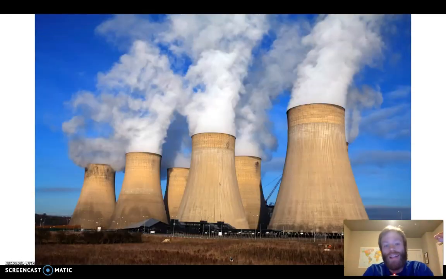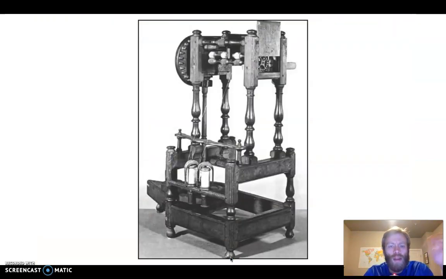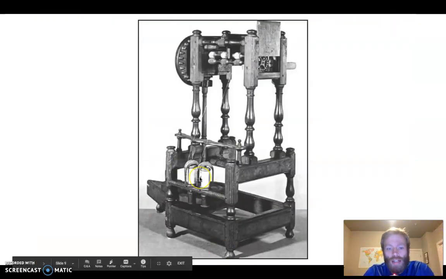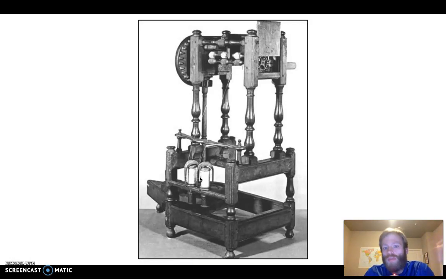Now, you might not think that you see many steam engines today, and you don't, but nuclear power plants and actually coal-fired power plants are still technically steam engines to this day. The next inventor was Richard Arkwright. He invented what's called the water frame, which was a way to spin yarn or thread faster by using water power and multiple sort of bobbins at the same time.